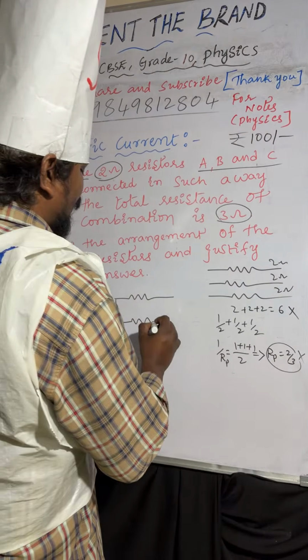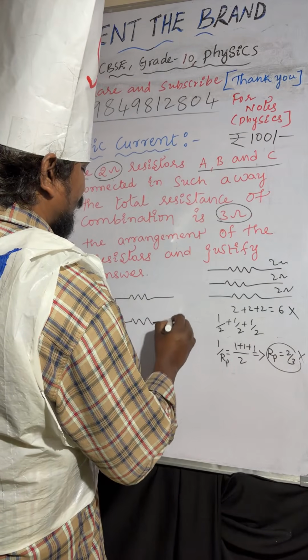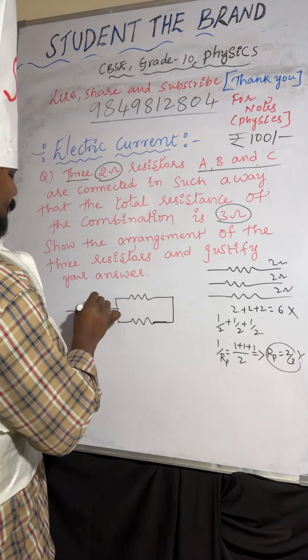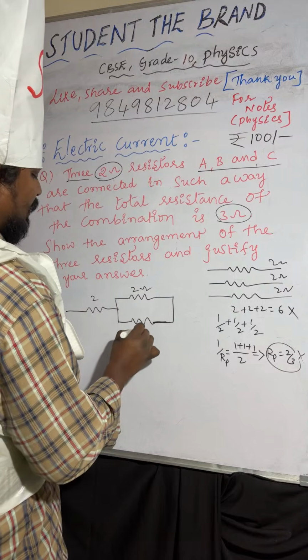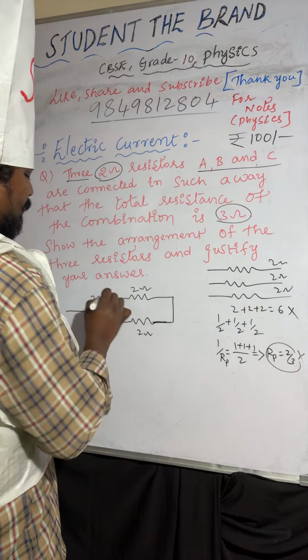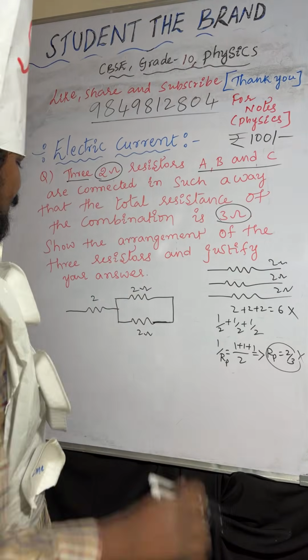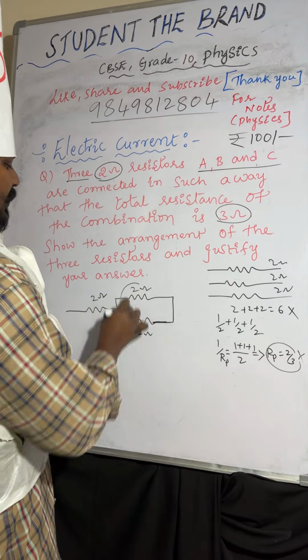If I connect like this, you can check once. The remaining one in series combination, 2 ohm, 2 ohm, and 2 ohm here. If I connect in such a way, then you can observe here. First you take this 2.